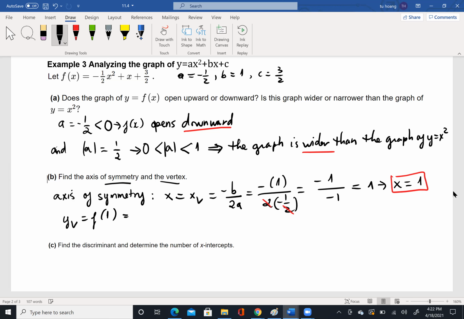I have negative 1/2 times 1 squared plus 1 plus 3/2. That gives me negative 1/2 plus 1 plus 3/2, which equals 2. That is the y value of the vertex. So the vertex is (1, 2).